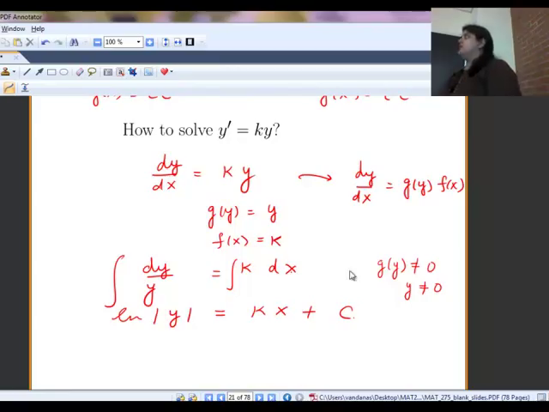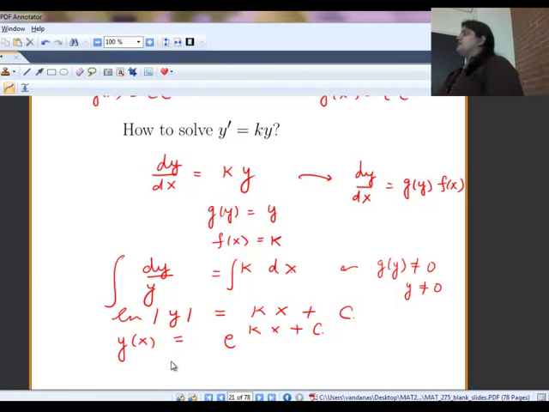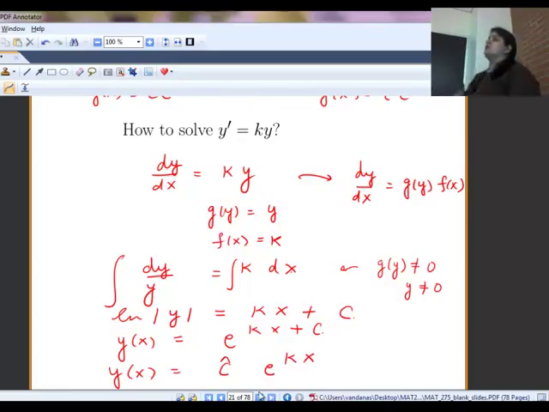Now exponentiating both sides, you will get y of x equals e to the power kx plus c. Now I can say that y of x equals c hat or c tilde, whichever way I want to write it down, is a family of solution of this problem.